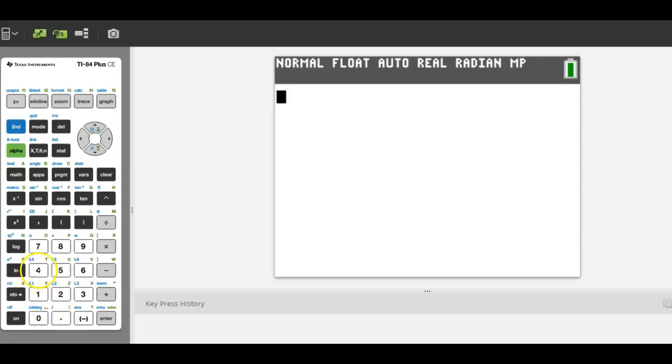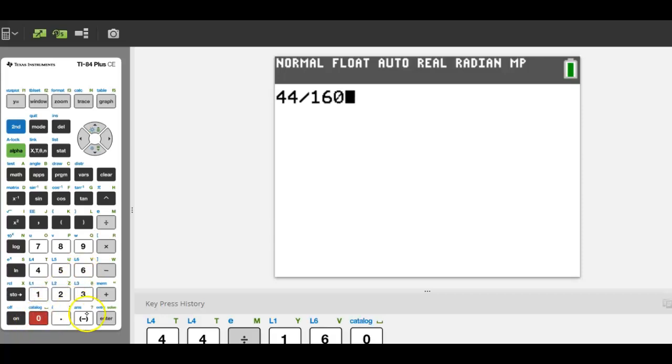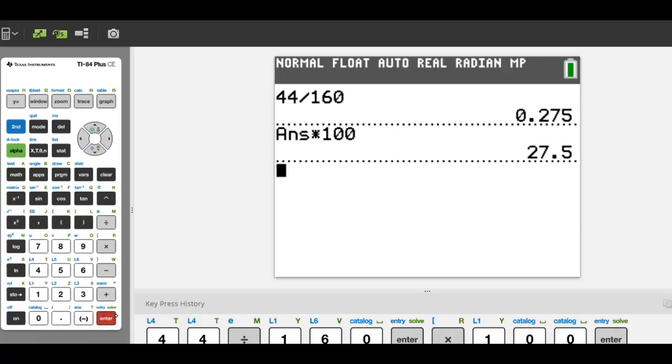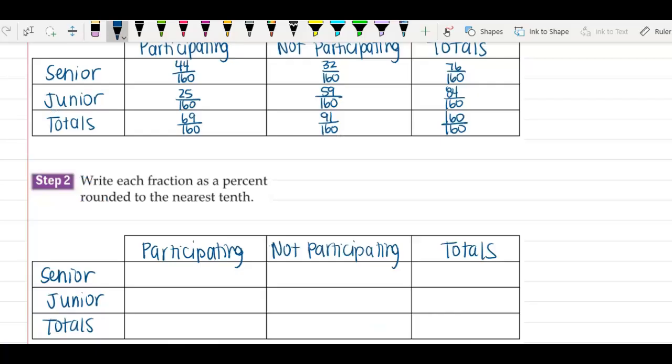In your calculator, you can type 44 divided by 160, and you're going to get a decimal. To convert this decimal to a percentage, we multiply by 100, or you can think in your head to move the decimal 2 places over, and we get 27.5.